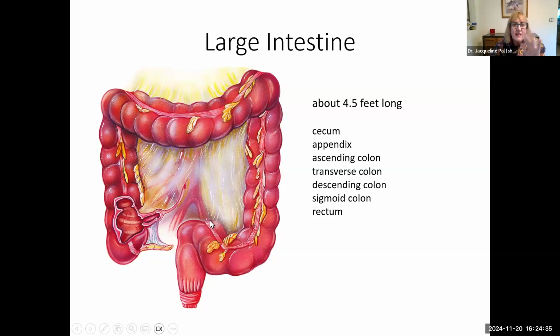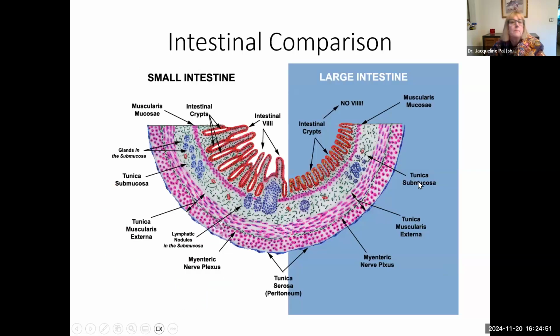Then it has this S-shaped part to get back to the midline. And then all that part going up, across, and down, that's all considered colon. Once it's back in the midline, then this last part is considered the rectum. So all of that is the large intestine.